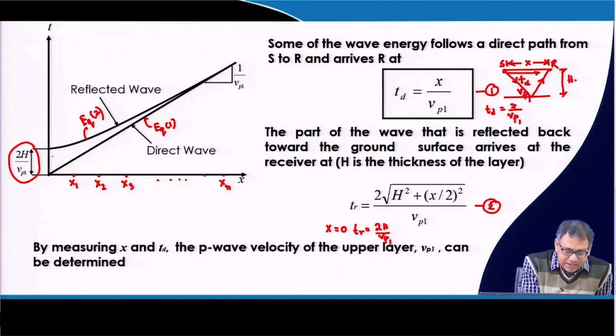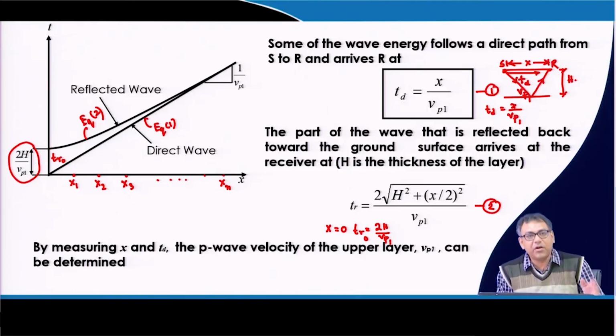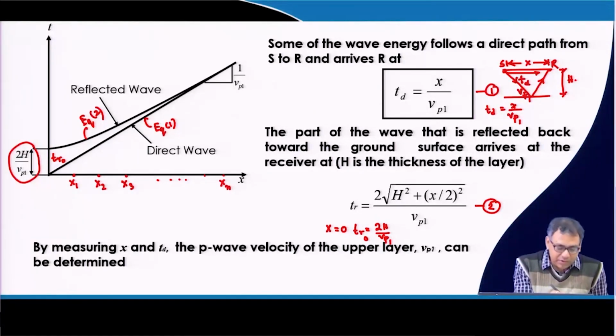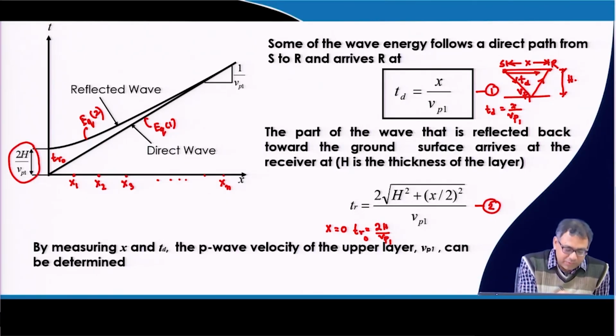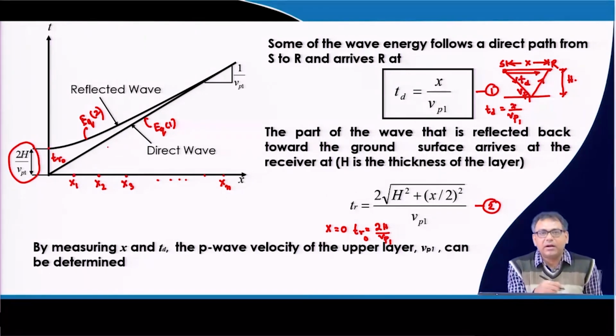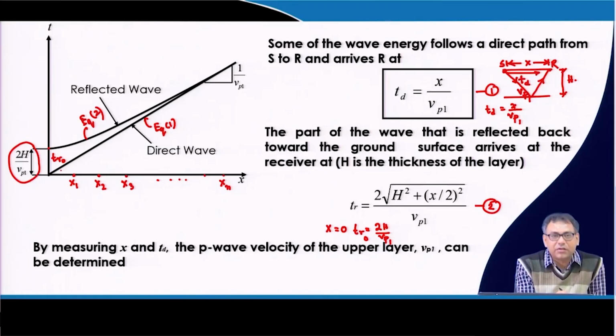That TR, or TR 0 you can say, I will measure from here. I will extend this line, because it may not start from x equal to 0, it may start with some value of x, but you have to extend that line to make it 0. So, this is the intersection point of the curve with the t axis, and that corresponding time is TR 0. Okay.